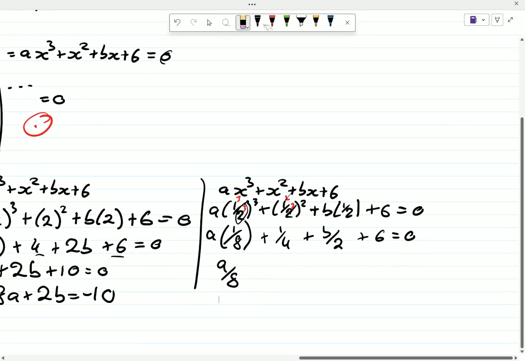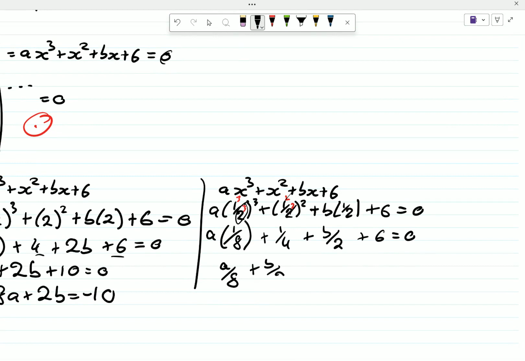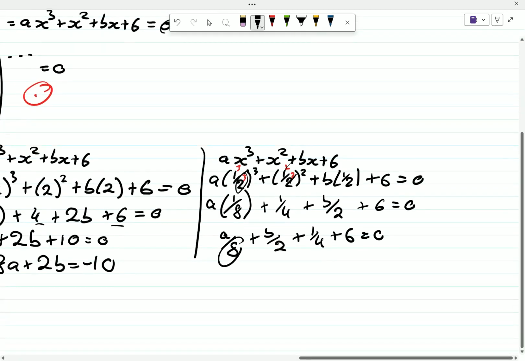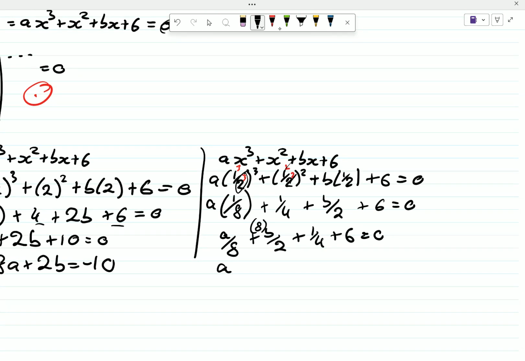So that's a over 8 plus b over 2 plus a quarter plus 6 equal to 0. What we were doing before, we can multiply by the highest denominator to get rid of the fractions. So that's 8 times a over 8, which cancels; 8 times b over 2 cancels and gives 4b; 8 times a quarter cancels and gives 2; and then 8 times 6.